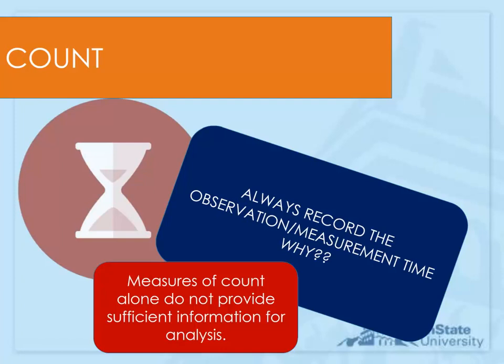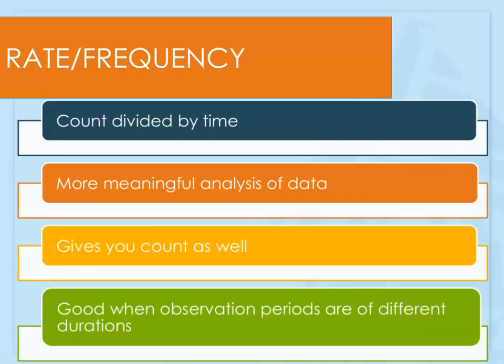Instead, we could convert that into a rate if we know the time that we spent counting. To get a rate, we simply divide our count by the amount of time that we spent counting. This makes it so we can compare numbers across different observation periods, and this is a much more meaningful interpretation of the data we have collected. Since we will usually spend different amounts of time collecting data, a rate of behavior will be one of the most common measures that you will use.